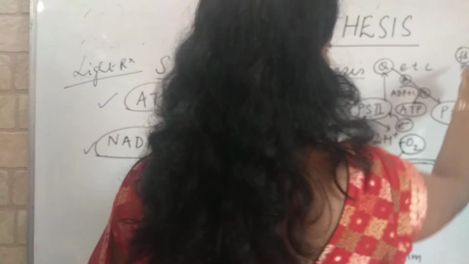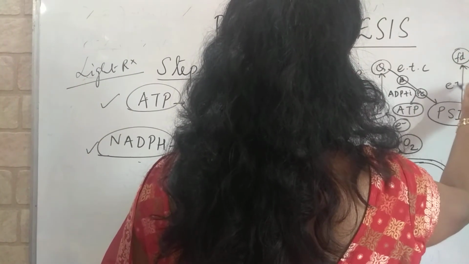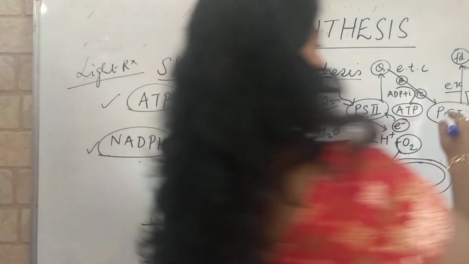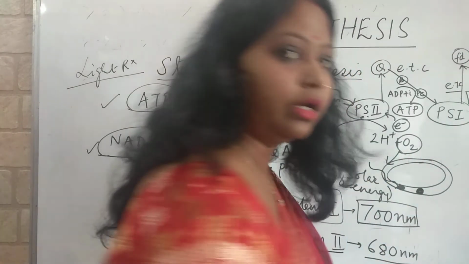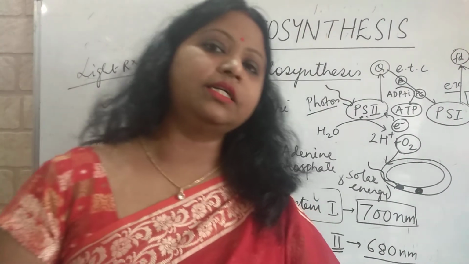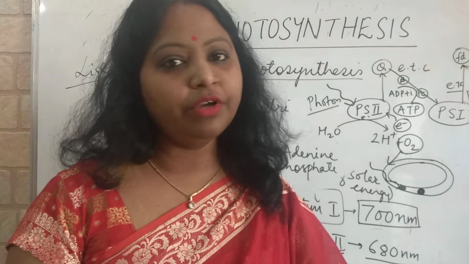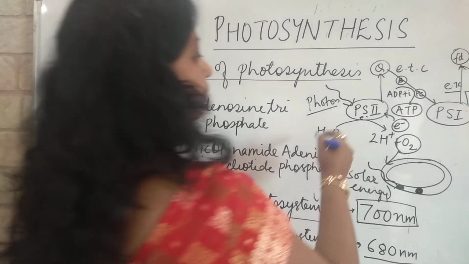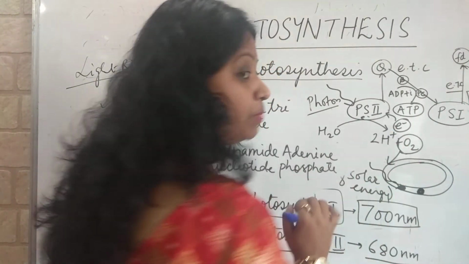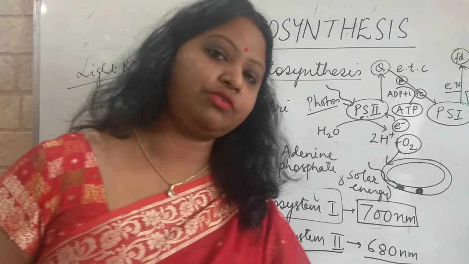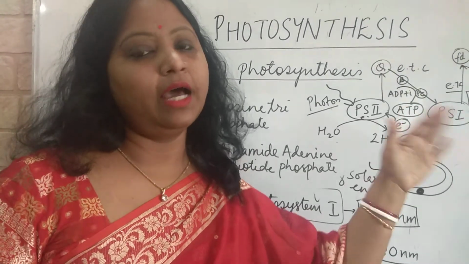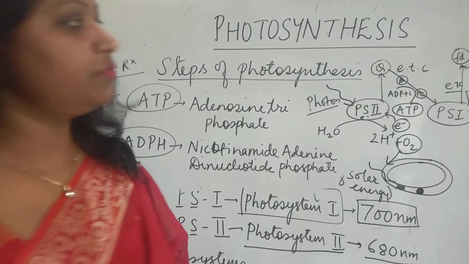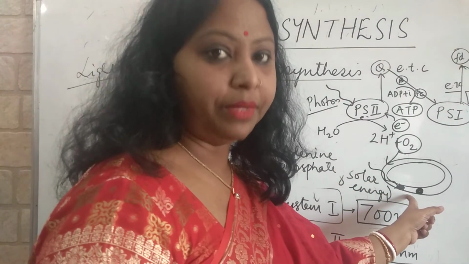One starts from photosystem 2 and the other from photosystem 1. Photosystem 2 is the first photosystem from where these electrons will be generated. For compensating these electrons, splitting of water has to take place, which will release electrons and will help in conduction of this complete light process which takes place in the thylakoid membrane.